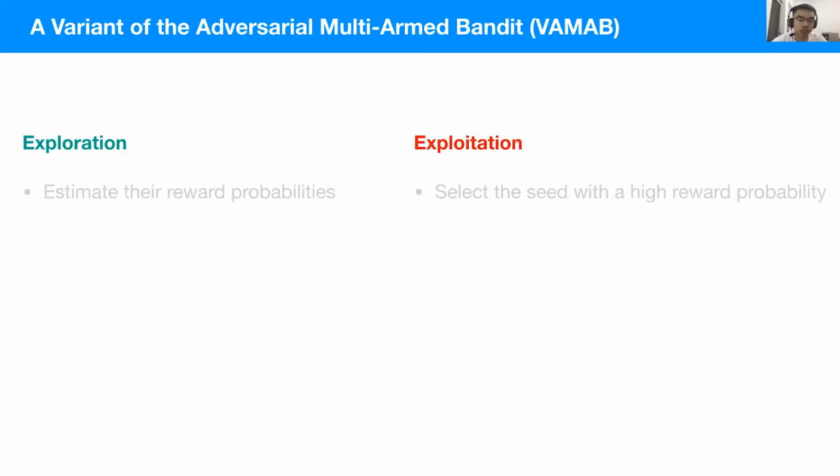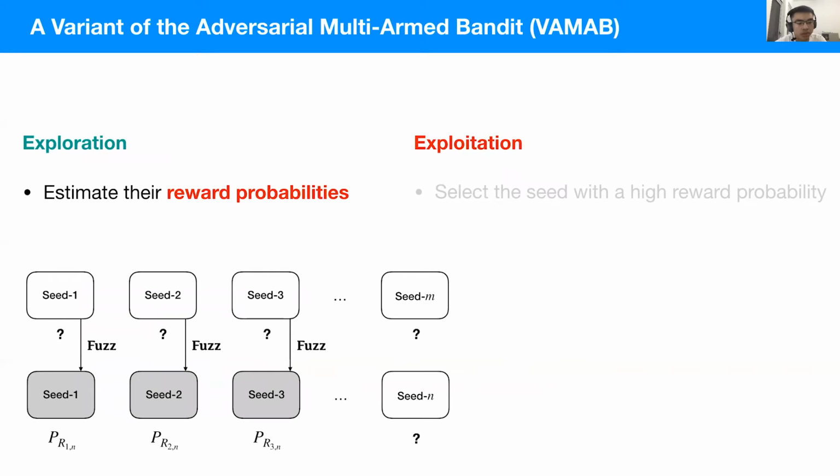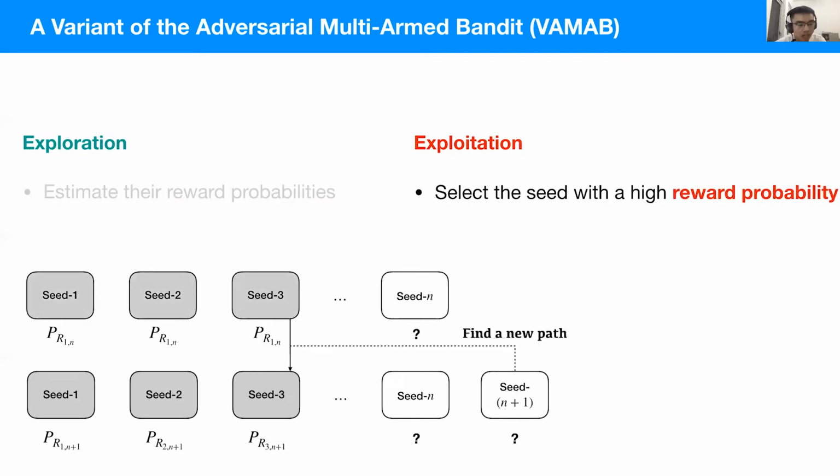After introducing some important concepts, we explain the trade-off between exploration and exploitation in CGF. Since we don't know the reward probability of each seed before testing, we need to do some trials on these seeds to estimate their reward probabilities, which is exploration. After that, we select a seed with a high reward probability to test for discovering more paths in a short period.